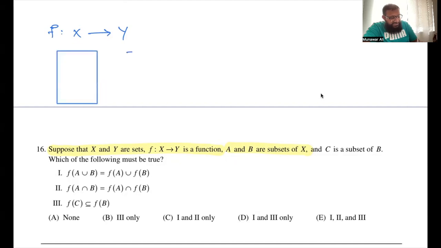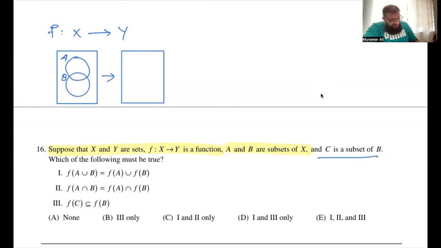So this is my x set and this is my y set. And there are subsets of this x, which are, let's say, a and b. C is a subset of b. So C is inside b.